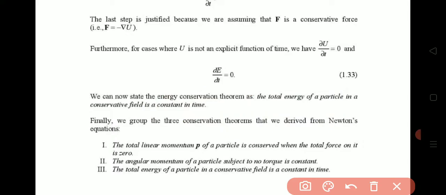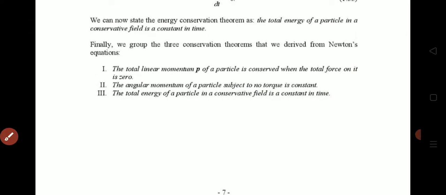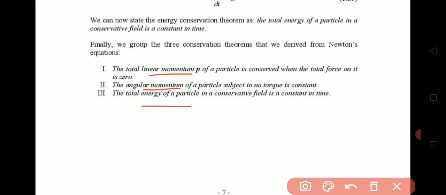Finally, we group the three conservation theorems that we derived from Newton's equation. In the last video we learned about the conservation theorem for linear momentum and the conservation theorem for angular momentum, and today we discussed the conservation theorem of energy.